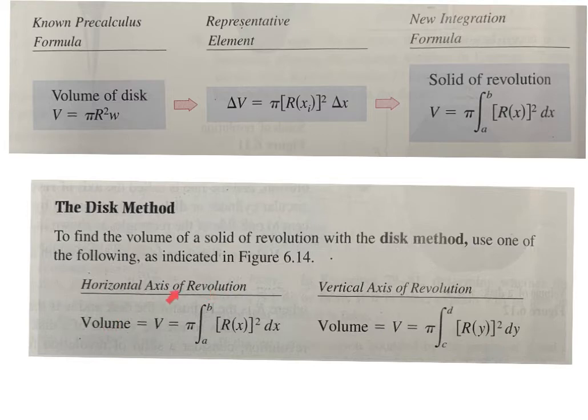Horizontal axis of revolution. So horizontal meaning just what it means. If it is y equals 0, the x-axis, or any parallel to the x-axis, you're going to use it in terms of x. If you were doing a vertical revolution, so now think of vertical y-axis or anything parallel to the y-axis, you are going to write this function in terms of y. But the formula is the same. Pi times r squared, meaning the function squared, times either dx or dy, depending on what terms you have it in.